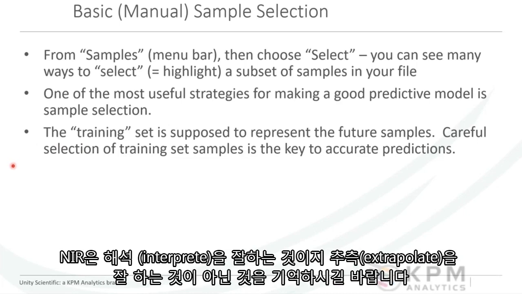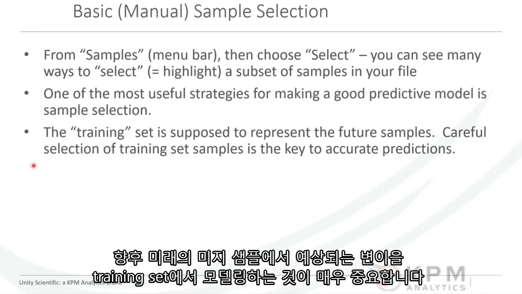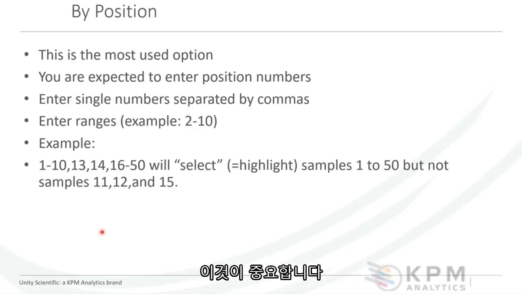Again, remember that near-infrared is very good at interpolating, but not as good at extrapolating. So it's very important that you are modeling in the variation that you expect to see with your future unknown samples into your calibration set or your training set. So this is really the key.